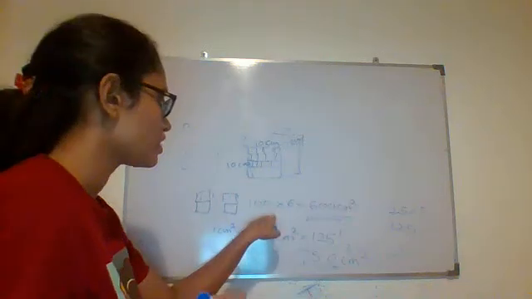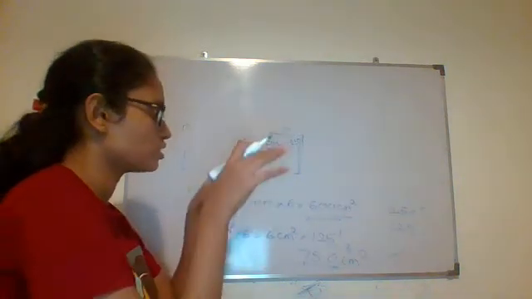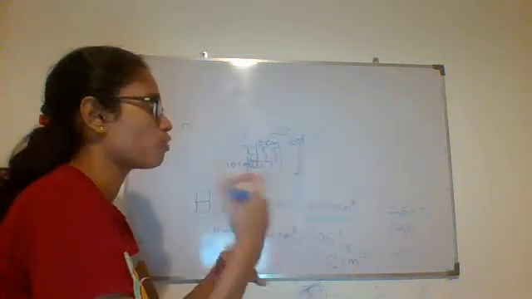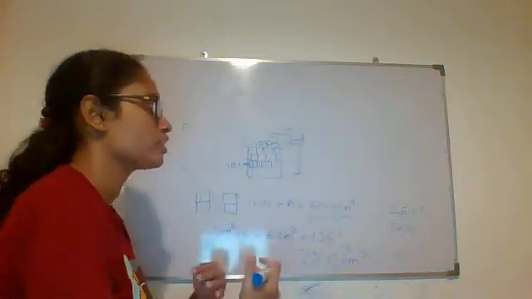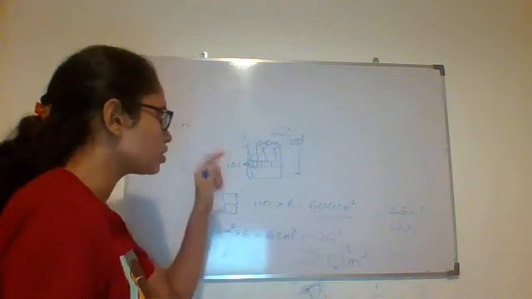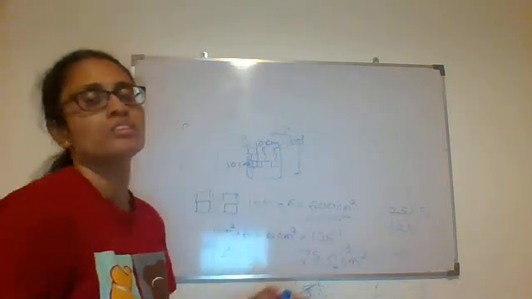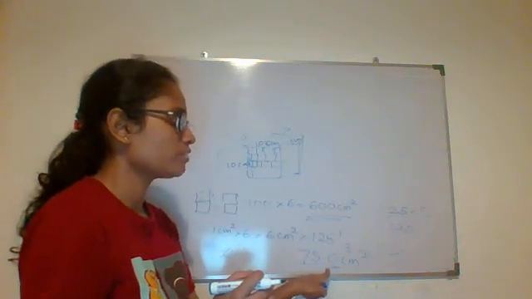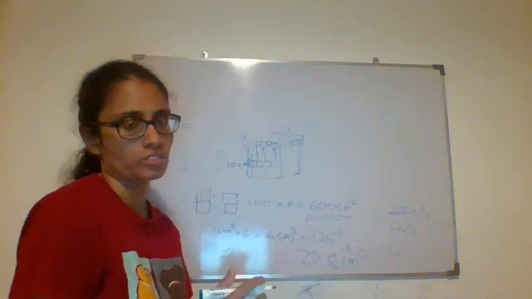So the surface area, if you calculate just the 10 centimeter cube, when you add the surface areas of all six faces, it will be 600. But if you cut it into small 1 centimeter cubes, you will end up with 750 square centimeters.